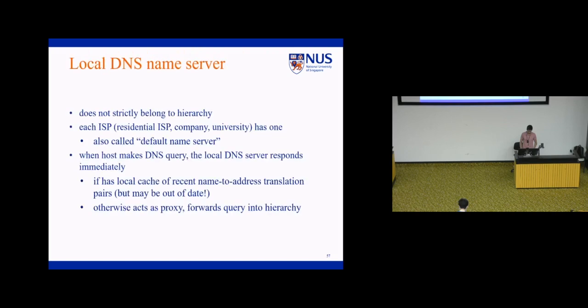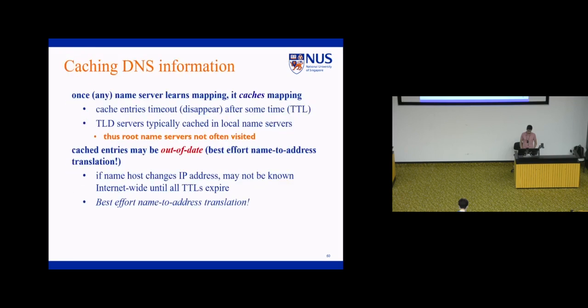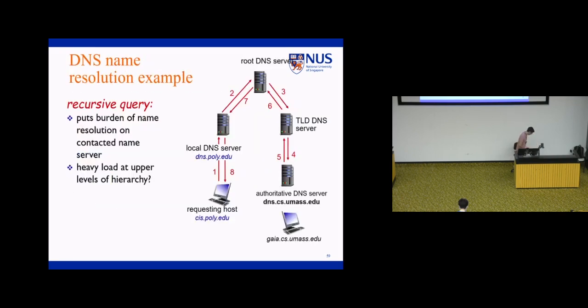So instead of going through the same iterated and recursive DNS query examples, let's go over that through another type of diagram, which we also saw in the case of HTTP request and response exchanges.